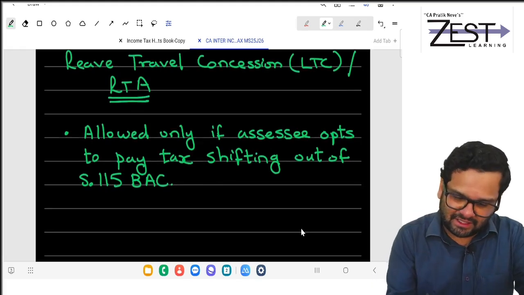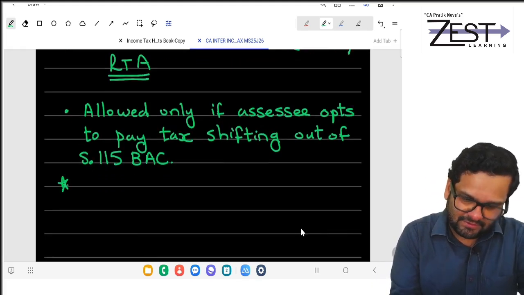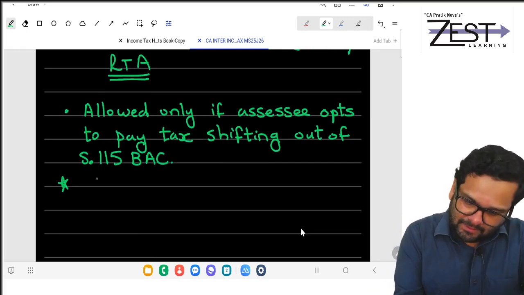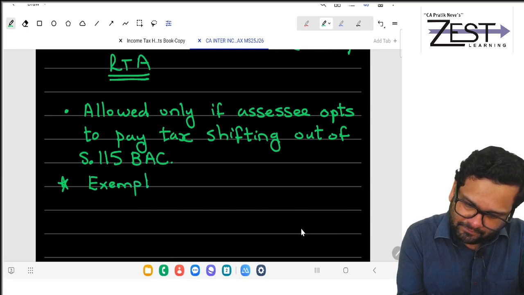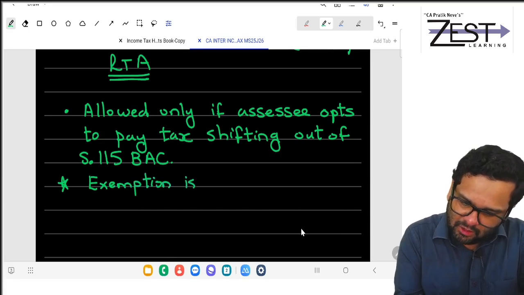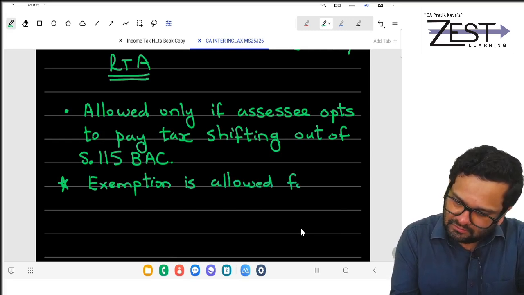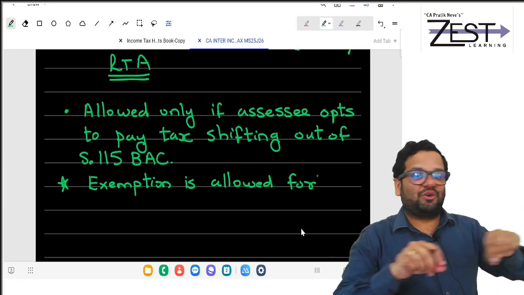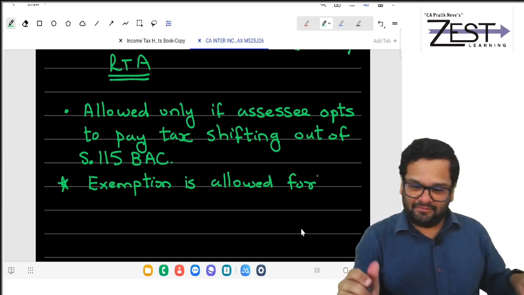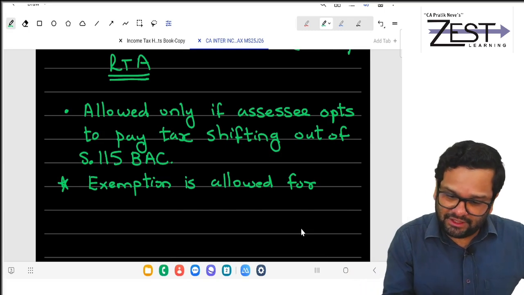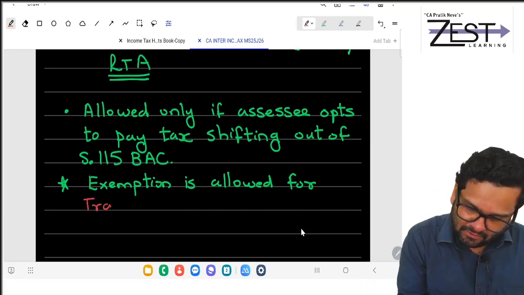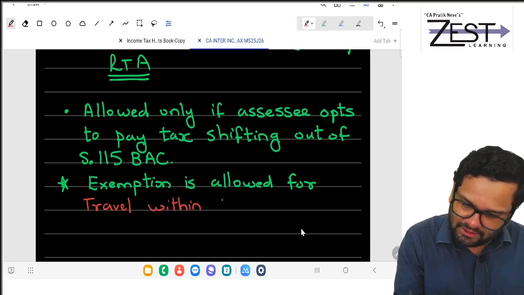What is this exactly? Understand. Exemption is allowed for travel, for vacation, for your travel within India.